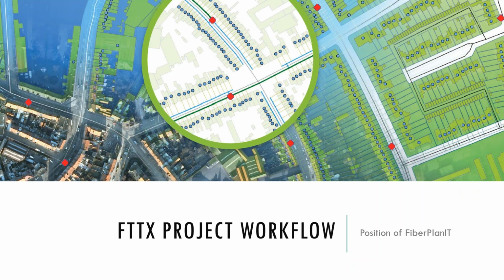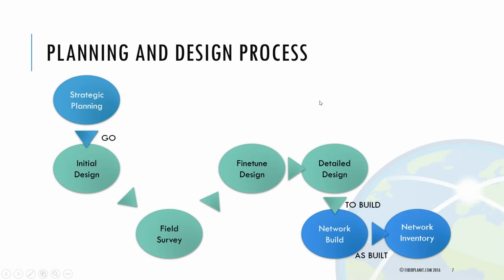So let's get started. I will first show you a bit of an FTTx project workflow and position FiberPlanIT within this workflow. If we have a look at the complete planning and design process of an FTTx project, first of all, normally you start with the strategic planning phase, where you try to estimate the budget that you will need for doing your FTTx project, for doing your deployment.